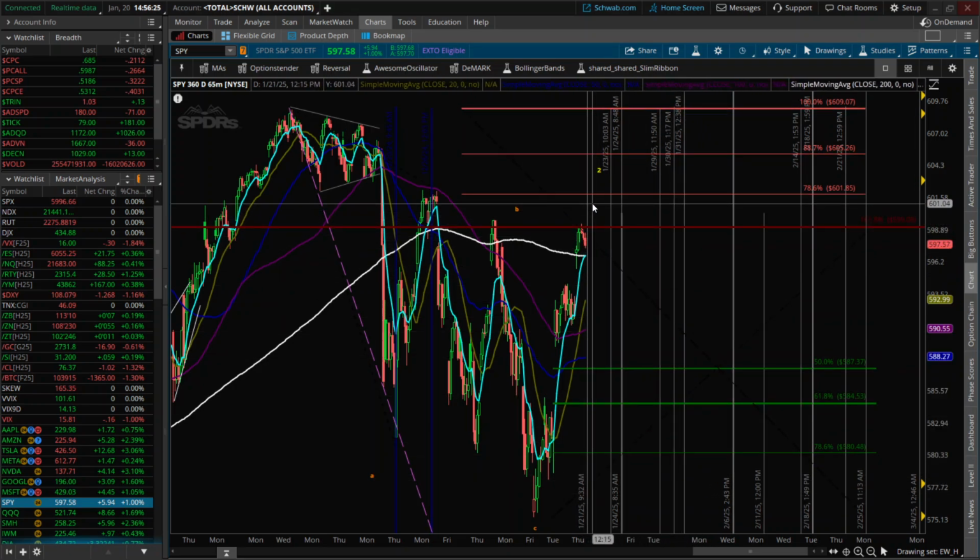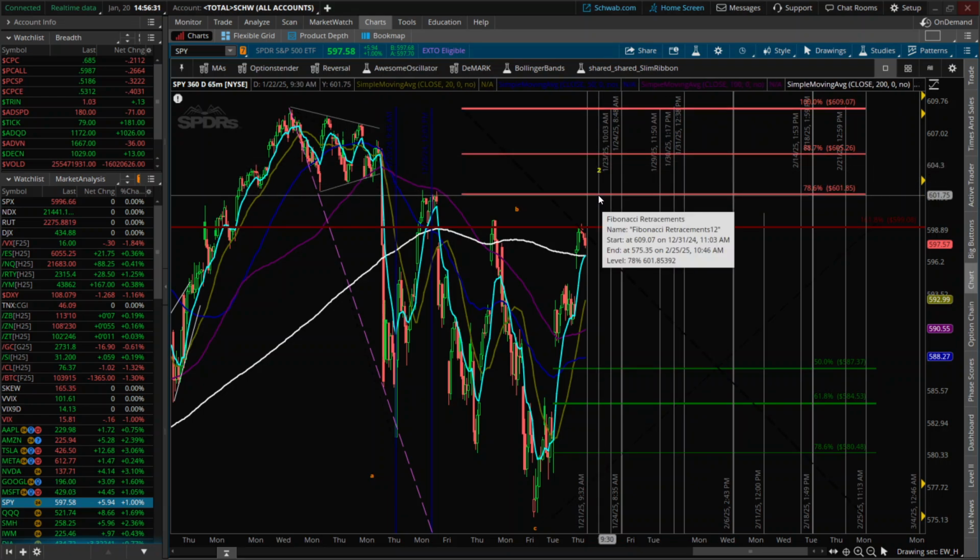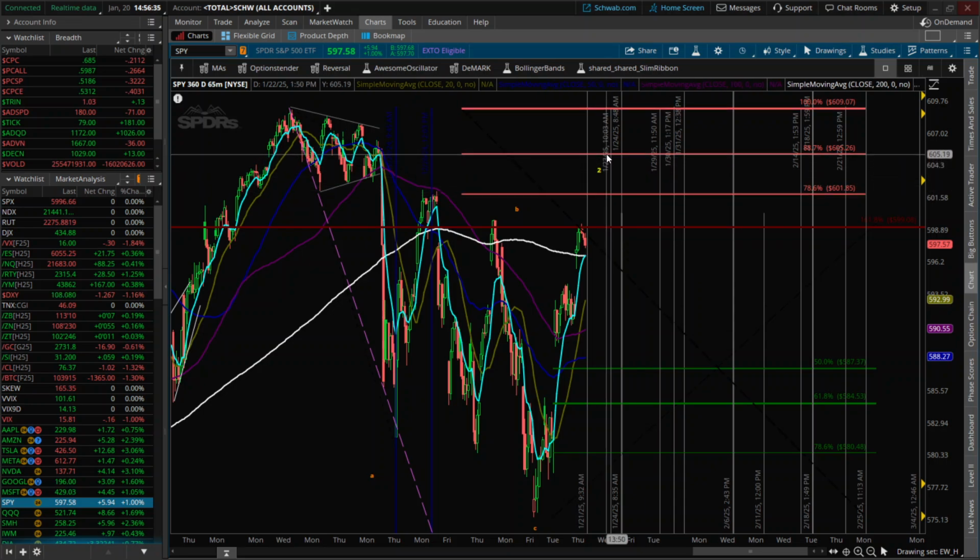Now, if price ends up just going straight up from here and we take some profit, we'll be adding on some puts here at 602. Not likely that we'll add on more puts here at 605, but this is such a good zone to where price needs to hold on to that 786, and then we might see new highs at that point.